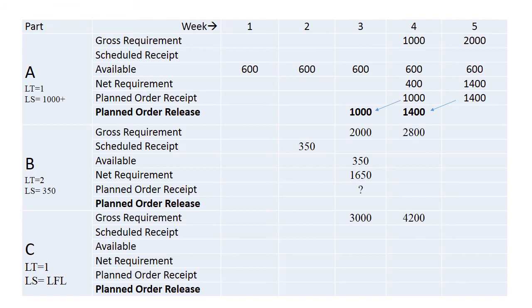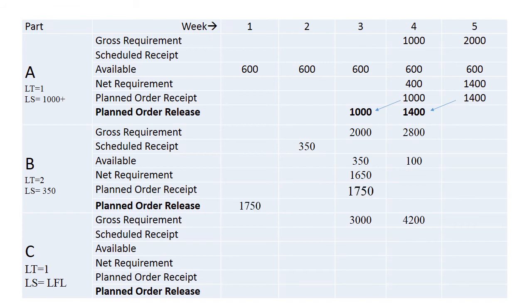So 5 lots of 350 will turn into 1,750. So even though you need 1,650, you will have to plan to receive 1,750 and order 1,750 2 weeks in advance, and you will end up with 100 extra.